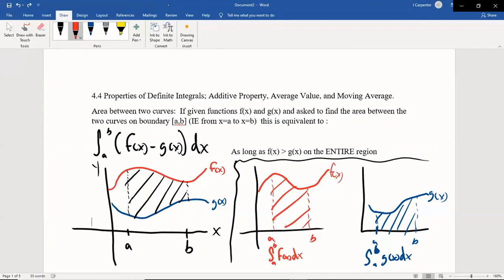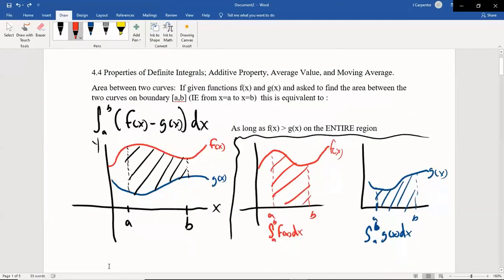Now again, if these crisscross anywhere, you'll have to break it up into multiple intervals. So I want to write that down. And I've said it several times, but let's write it down.